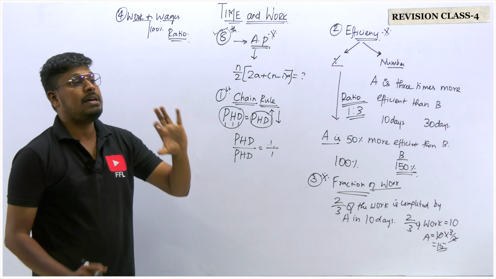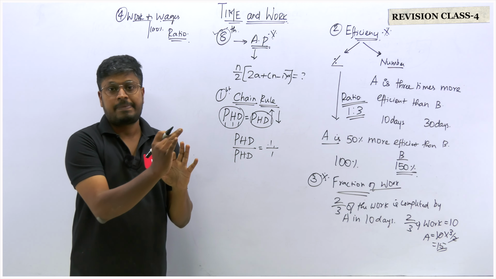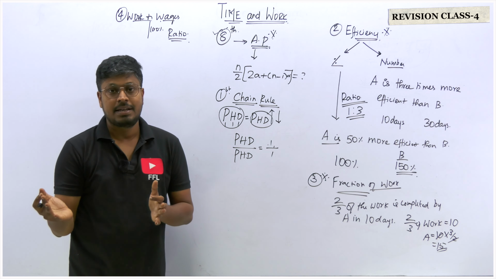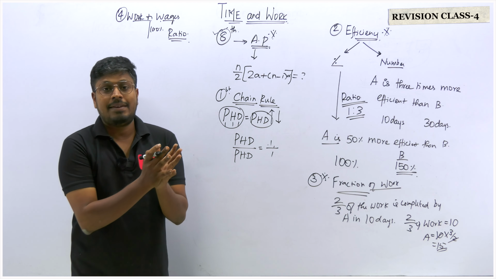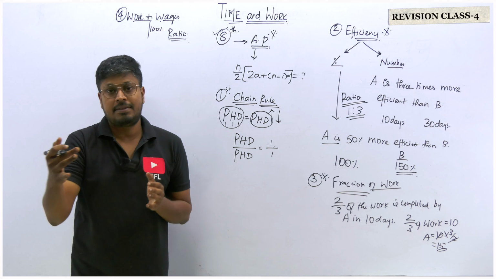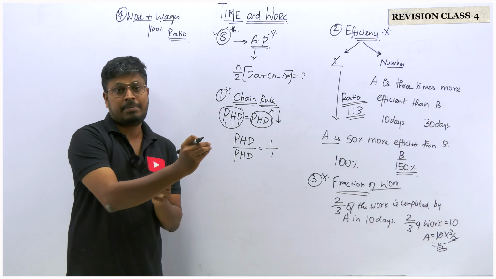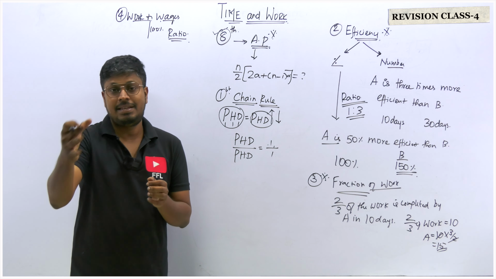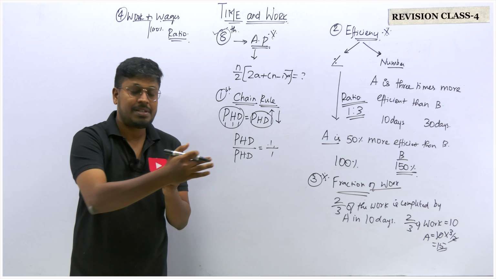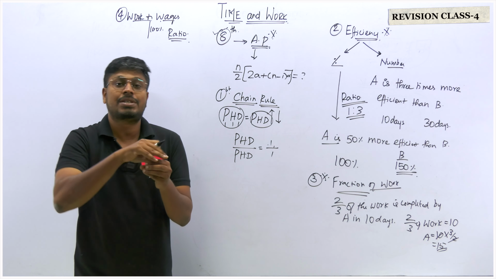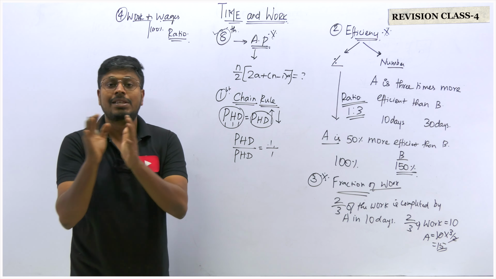For example, if there are 3 people working, and each person will be completing a piece of work on different days, the total salary will be split among the 3. For example, if the total is 8,000 rupees, based upon the efficiency or the days each of A, B, C worked, we have to share the 8,000 rupees among all three.